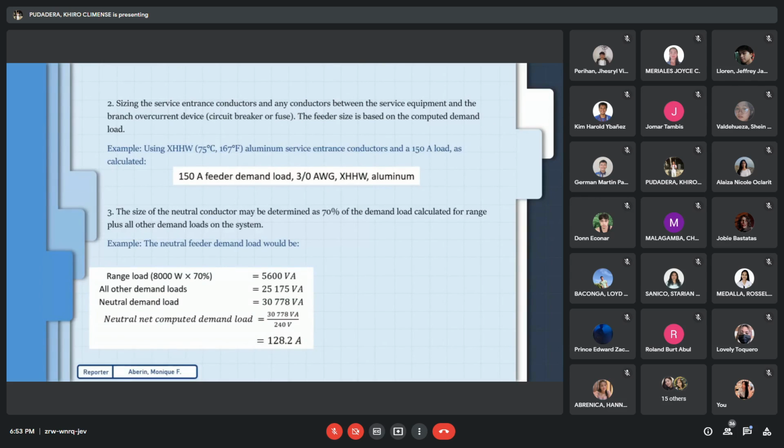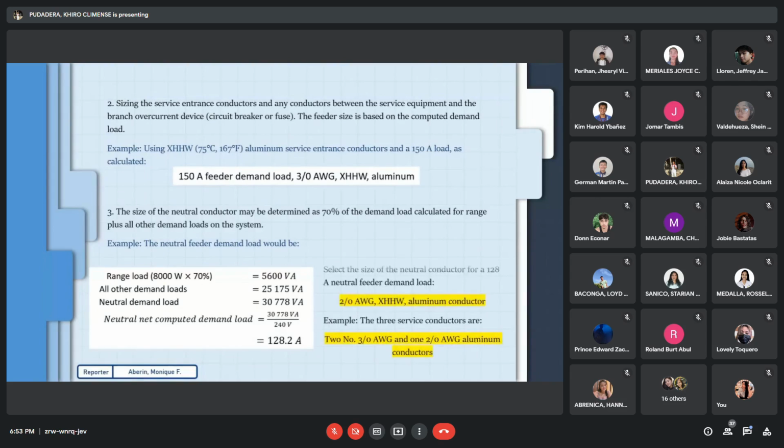All other demand loads equals 25,175 VA. Neutral demand load 30,778 VA. Neutral net computed demand load equals 30,778 VA divided by 240 V equals 128.2 A.